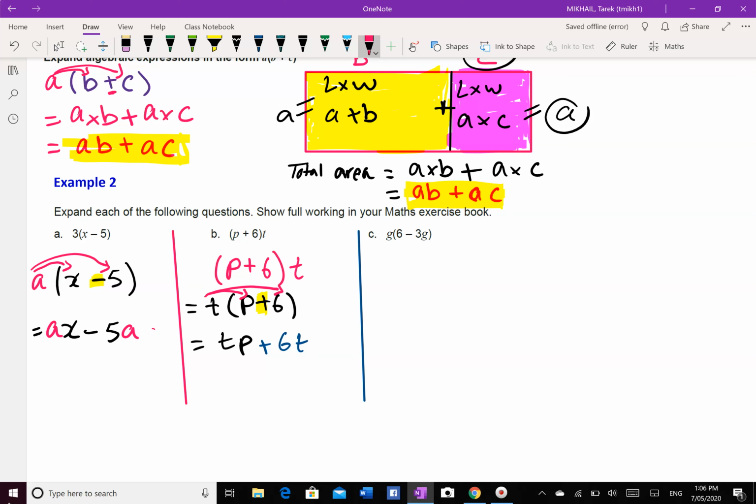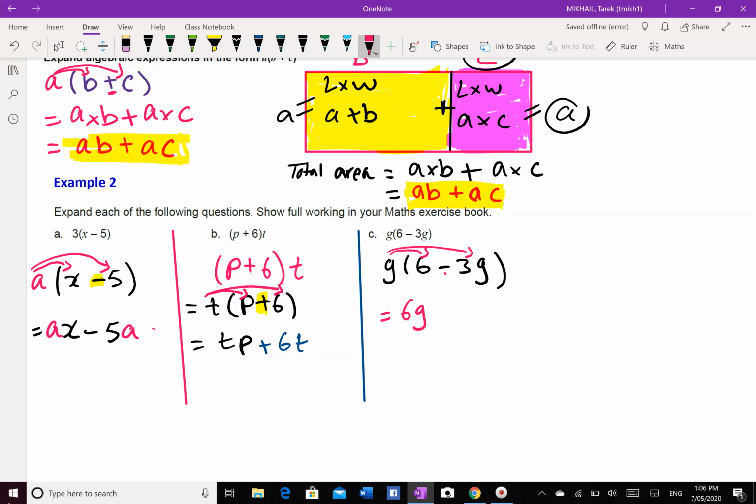Okay, I will do also C. So C, I have g, 6 minus 3g, and then by distribution, g goes to 6 and g goes to 3g. So g times 6 is 6g.